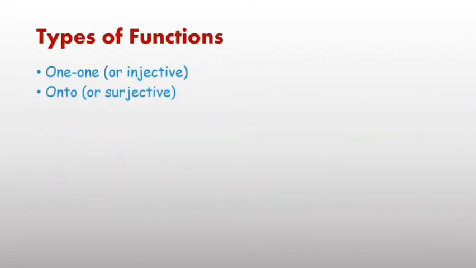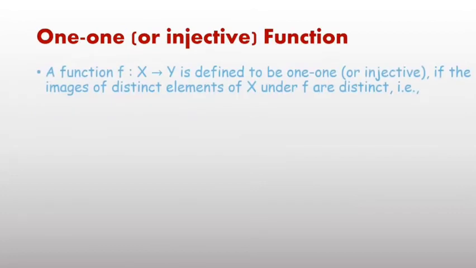Now types of function. Two types of function we have covered here: one-one and onto. And third category, one-one and onto both, that is also known as bijective function. One-one function means a function is defined to be one-one, or injective, if images of distinct elements of X under f are distinct.